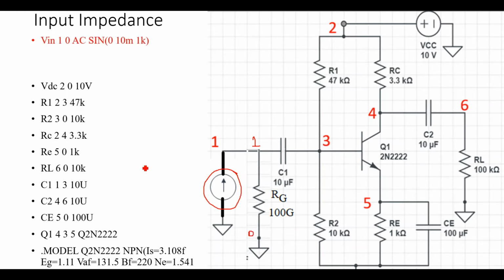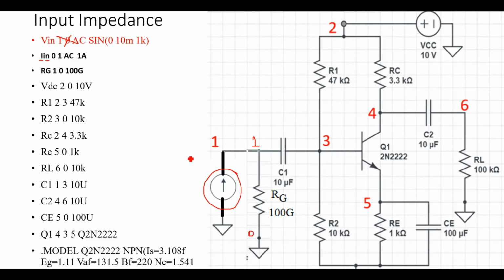So this VIN 10 AC sine is not there in the circuit, and we have to connect the current source. Capital I stands for current source.